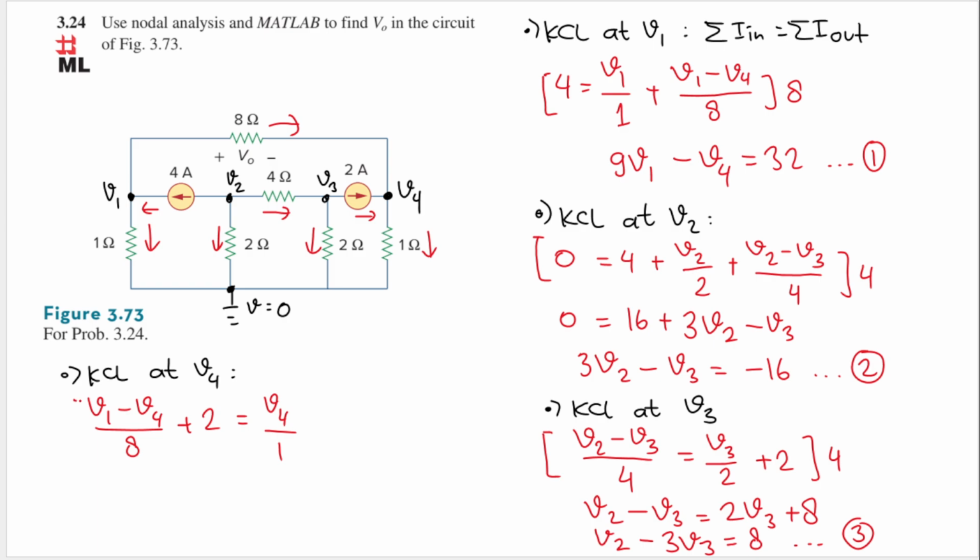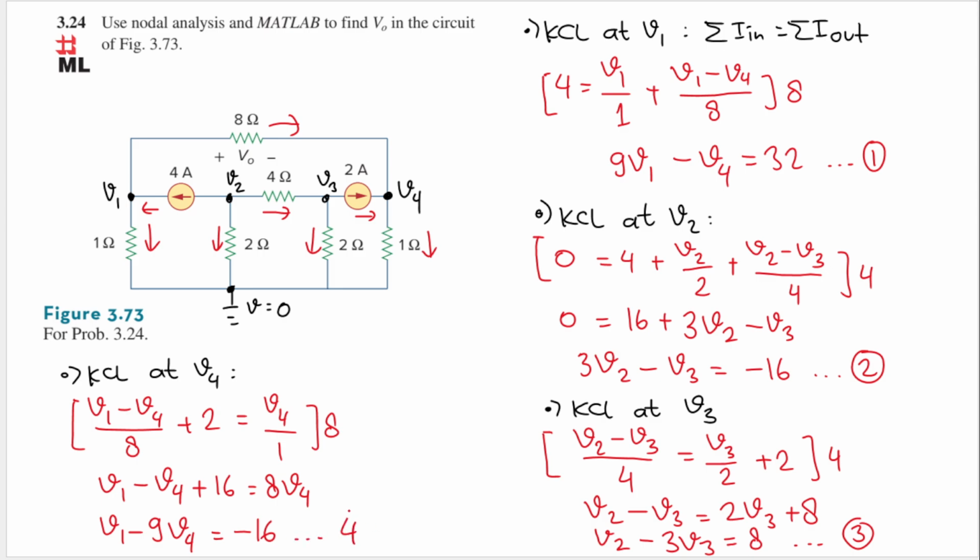We can multiply both sides by 8. This becomes V1 minus V4 plus 16 equals 8V4. Now let's move this to the left hand side: V1 minus 1 minus 8, so minus 9V4, equals minus 16.